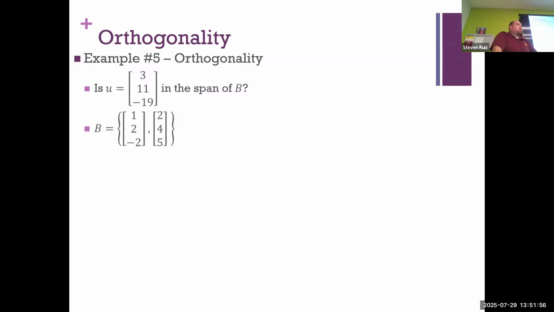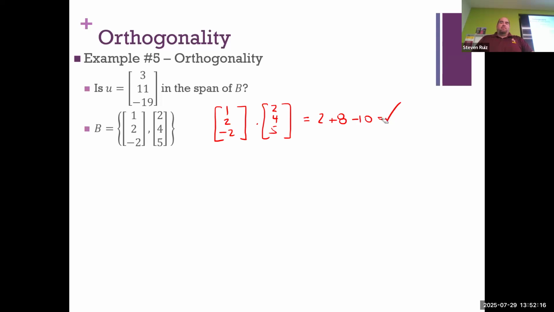How can I check if the dot product approach will actually work? If B is orthogonal. So is B orthogonal? There's only one pair of vectors in it, so I just have to do one dot product. Two plus 8 minus 10. That's good. So can I do my dot product approach? Tell me how to set that up.